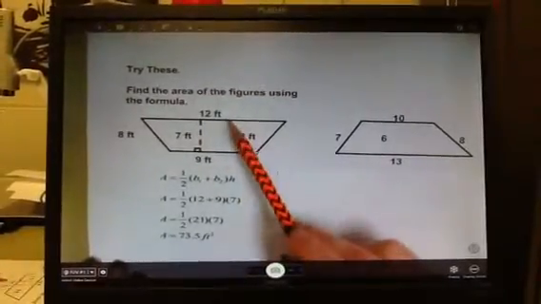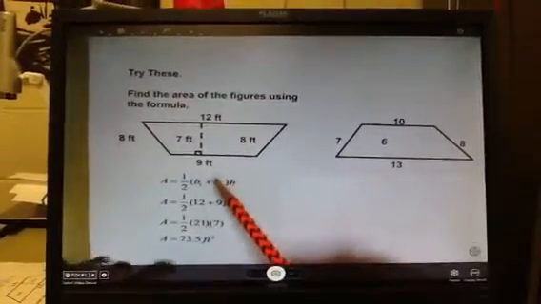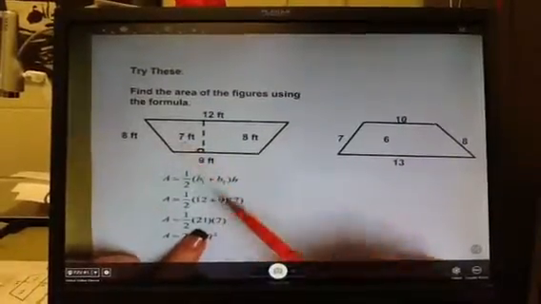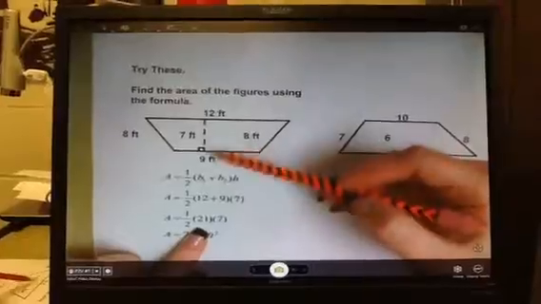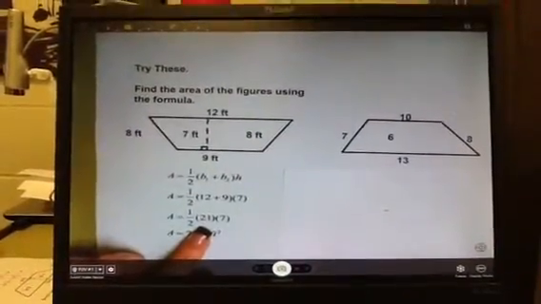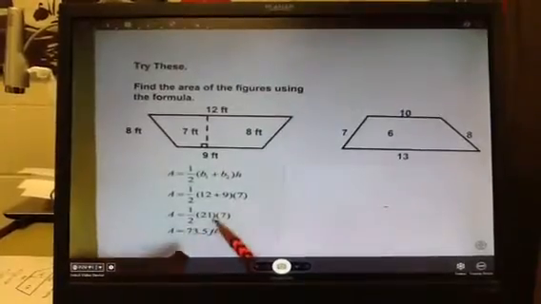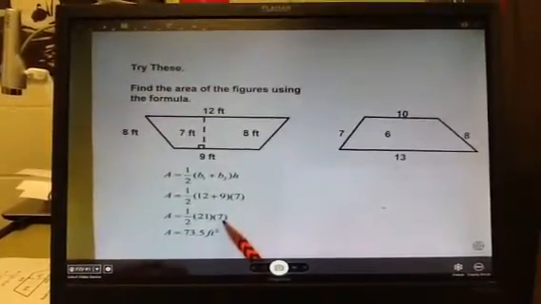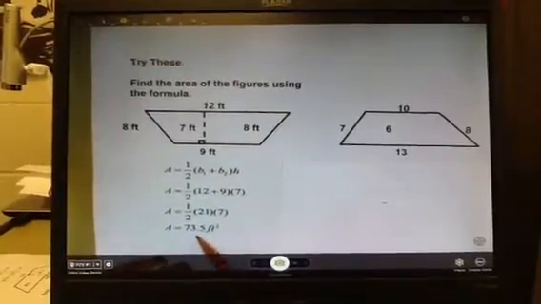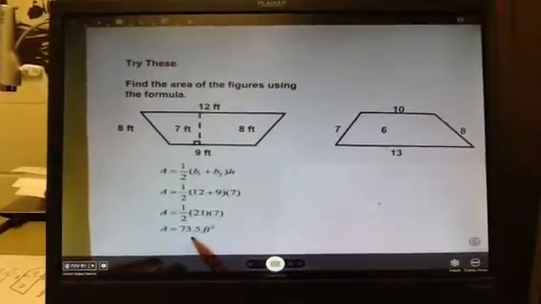So I'm going to take 12 plus 9 to get 21, and I'm going to multiply it by my height of 7. If we notice, my height here has to be 7 because it's the only one that forms a right angle with my base. So then 21 times 7, and once I multiply that by a half, I end up with 73.5 feet squared.